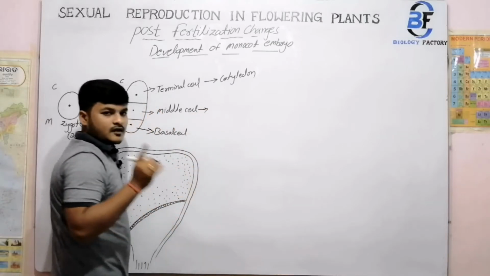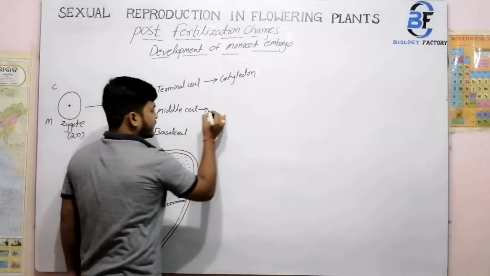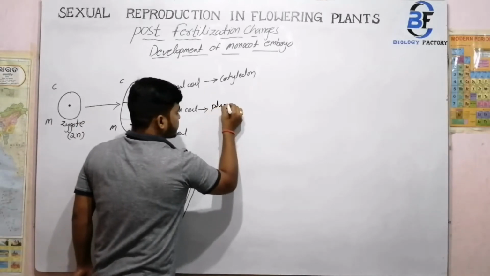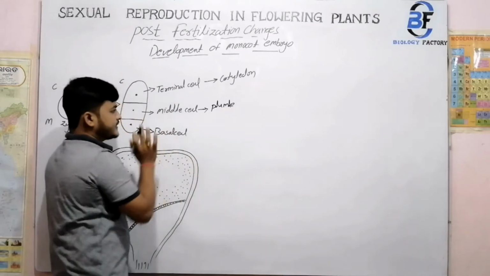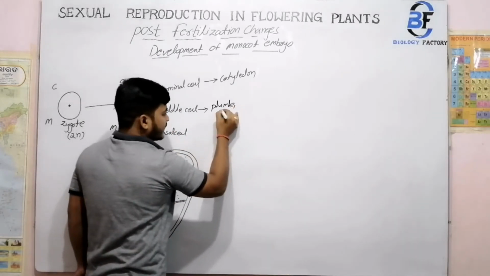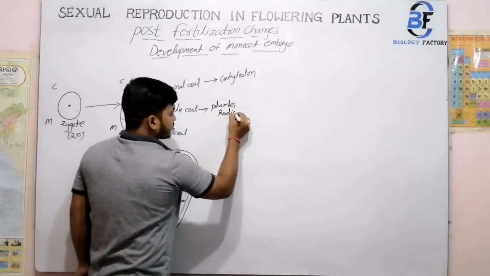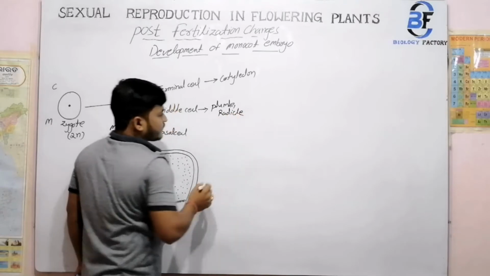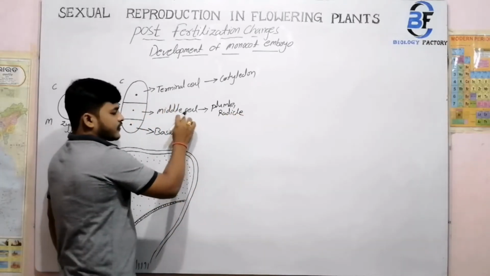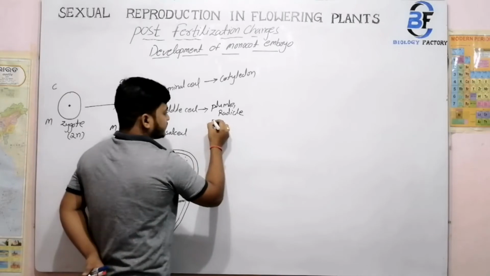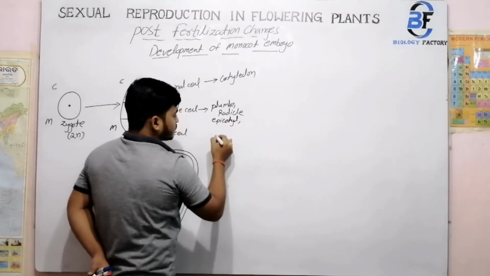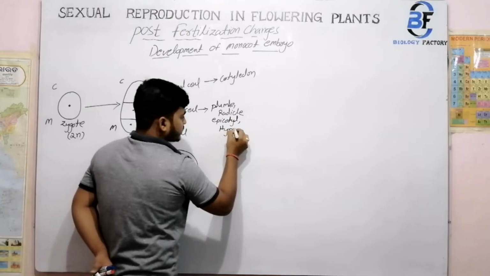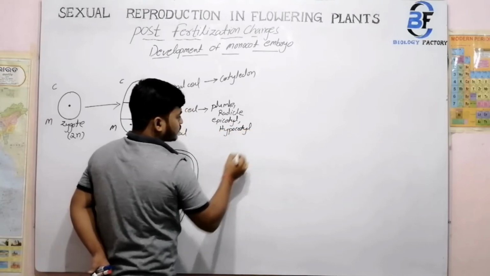The changes are the formation of the plumule first. The plumule forms from the middle cell, and the radicle is also formed from the middle cell. Next, the epicotyl is formed. The hypocotyl is formed.